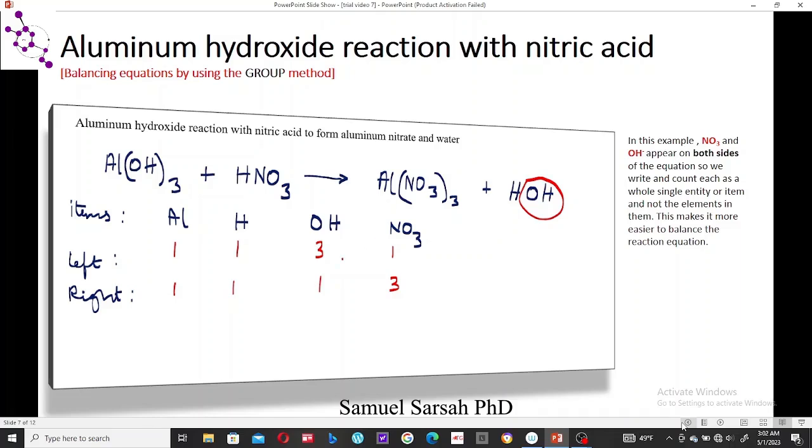So let's balance the OHs. Okay, so since here is 3, if you have 3 on the left side, we should multiply this by 3.